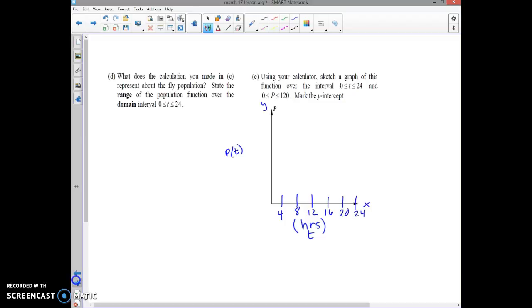If I could count, that would be great. And then it tells us to go to 120. So you've got a fairly large thing here. I don't know if we can fit it by 10s, but maybe we can go by 20s. So 20, 40, 60, 80, 100. We're a little off, but that's okay. 120 about right there.